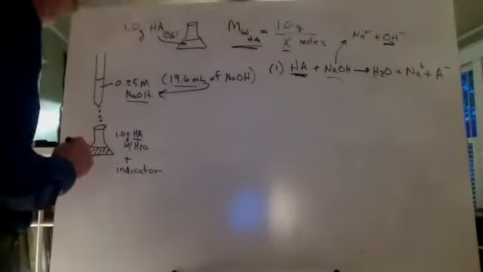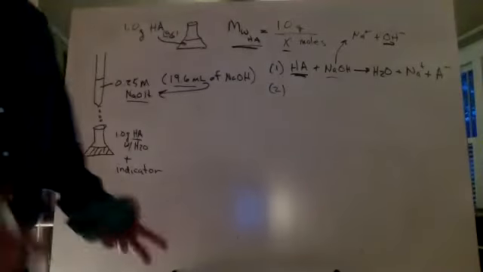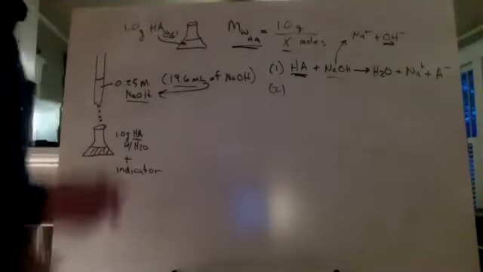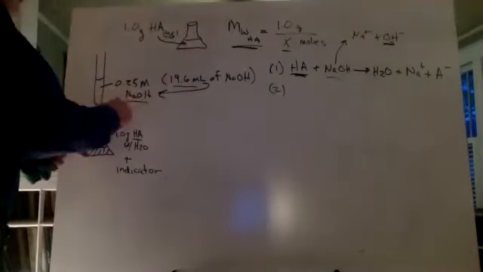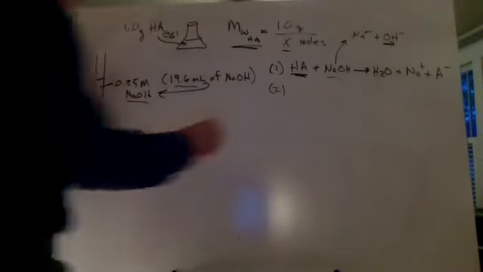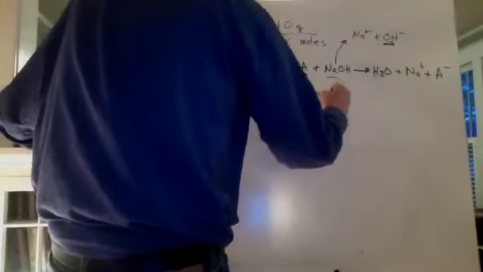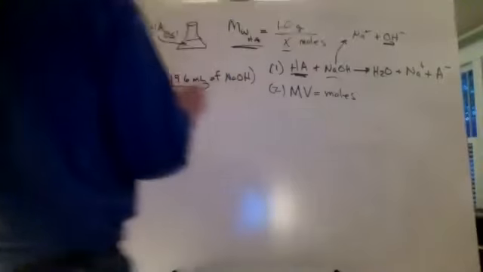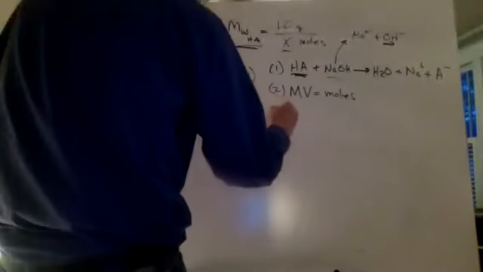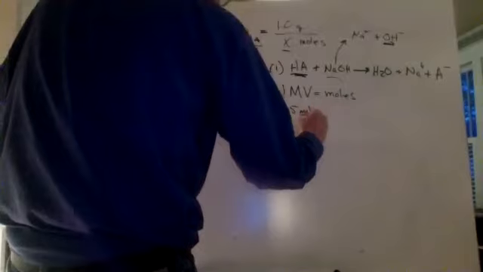Step 2. Now we need to convert whatever information we have been given into numbers of moles. There's only one thing here that we can convert into moles, and that is how much NaOH we have. And we're going to use molarity times volume is equal to number of moles. And so what is our molarity of our NaOH? It's 0.25 moles of NaOH per liter.